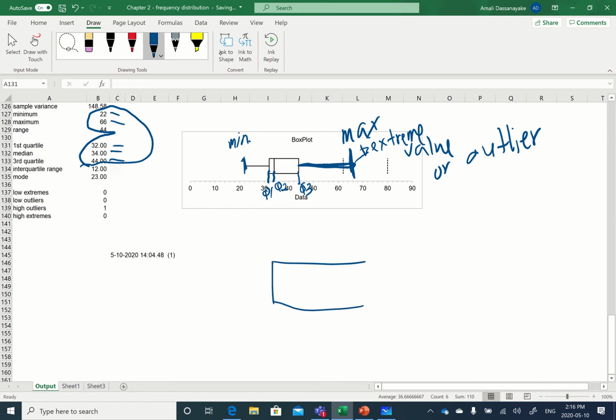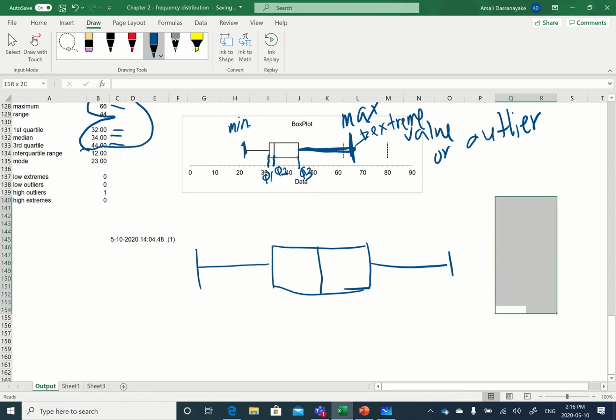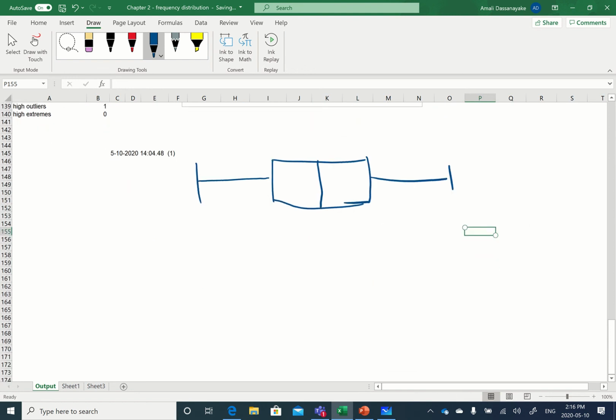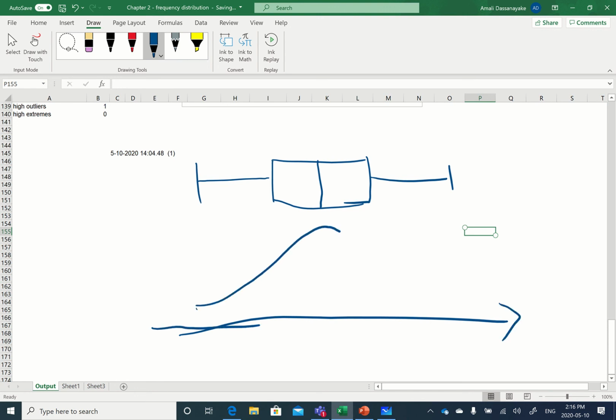Is it skewed? Is it symmetrical? So if you have a perfect symmetrical shape like this, when you create your box plot, the underlying histogram or frequency polygon would look something like this.